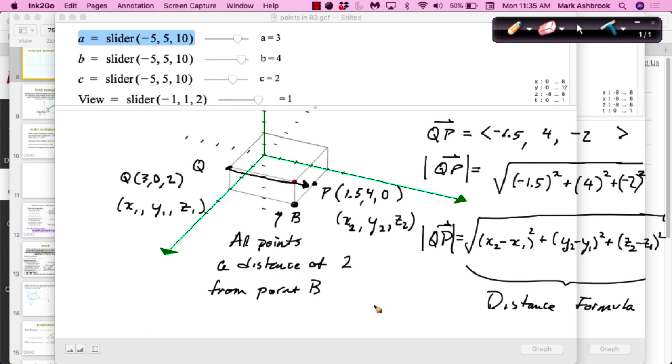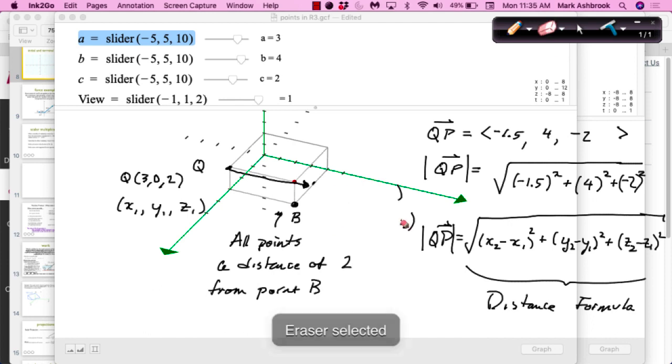What's the coordinates of point B? He said 3, 4, 0. Agree with that?